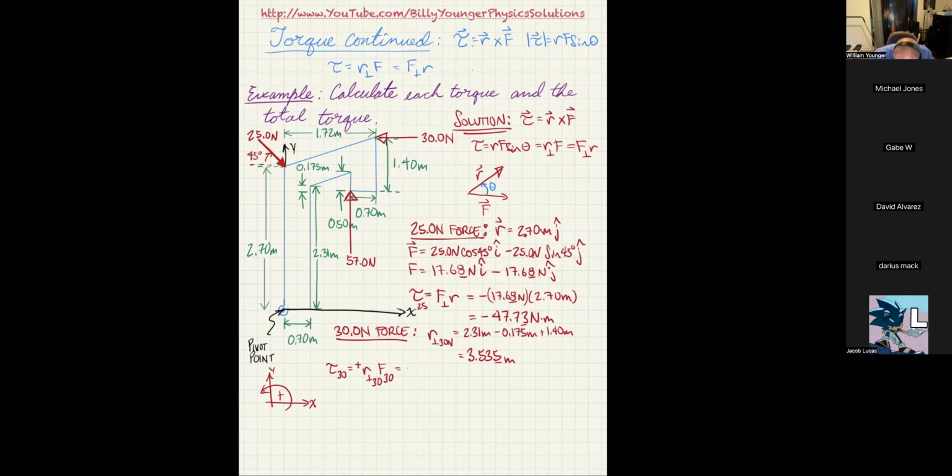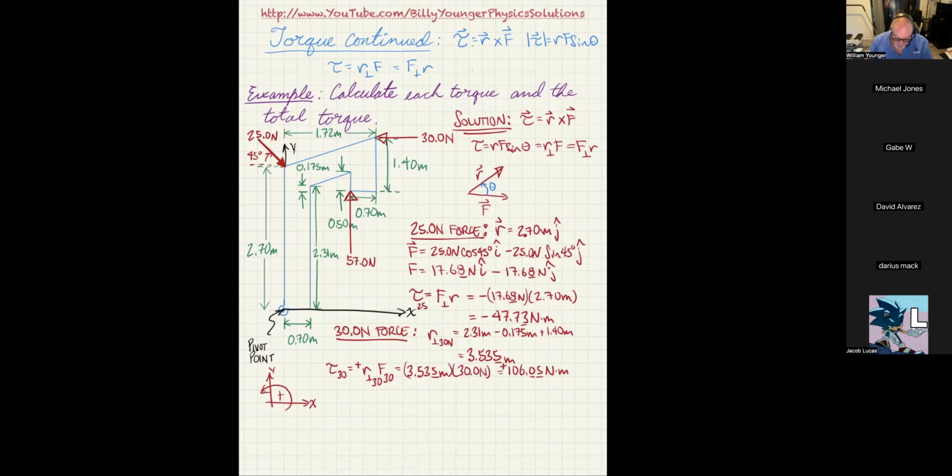And the R perpendicular we found was 3.535 meters times the force, which is 30.0 newtons. So if I multiply this by 30, I get 106.05 Newton meters. Now that was only good to 3 sig figs, so the 0 and the 5 are not sig figs, but that is the torque due to the 30 Newton force.